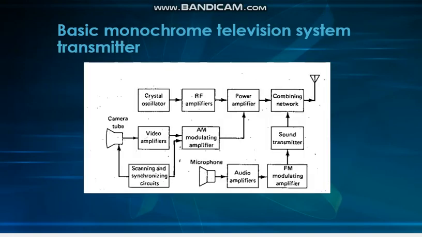Just go through to the transmitter section. Here we can see the scanning and synchronization circuits usually go through with a both-sided signal. Why does that go through as a both-sided signal? Because each and every time the amplitude modulation amplifier has to adjust the scanning and synchronization, that means the signals, the information that has been coming through the camera tube and then going to the combining circuits and all.